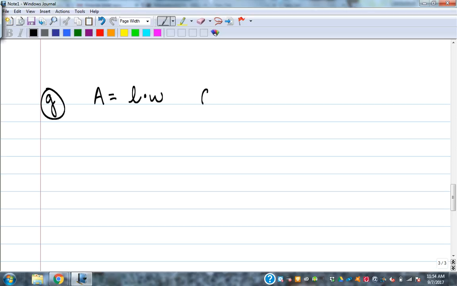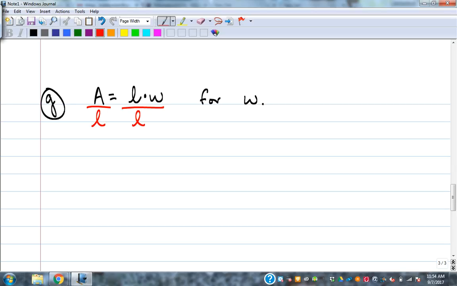So if we wanted to solve this for W, what would we do to get W by itself? Divide by what? L. Trying to get W by itself, so we divide by L because that was length times width.